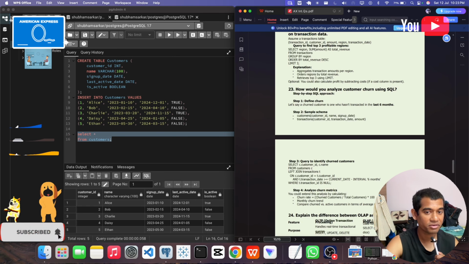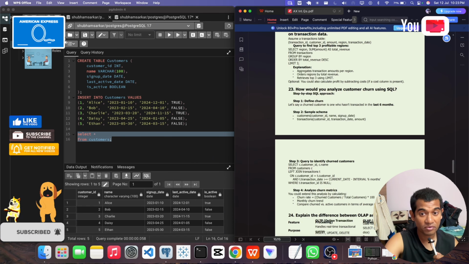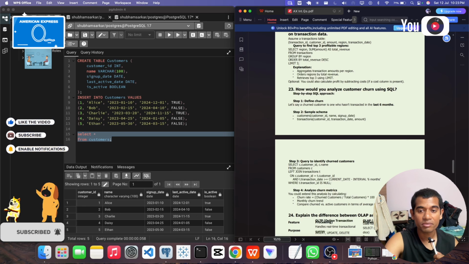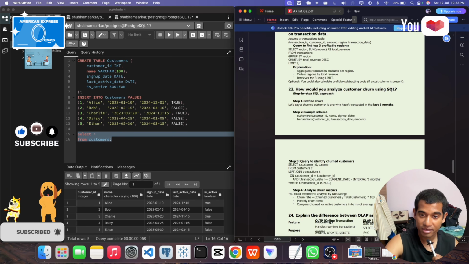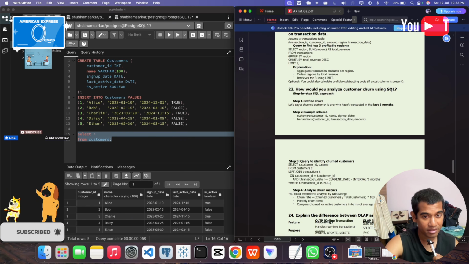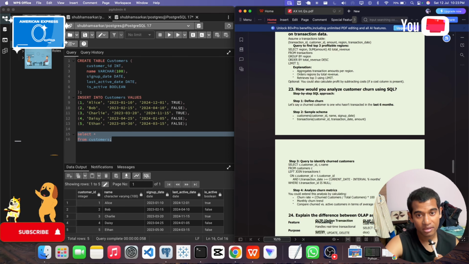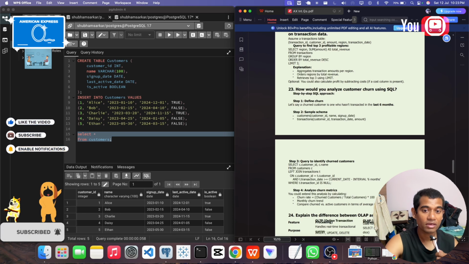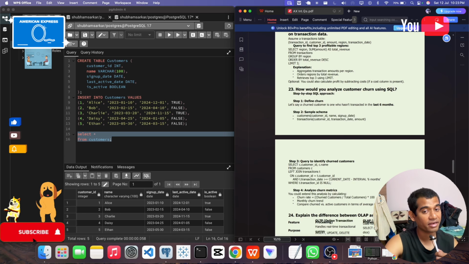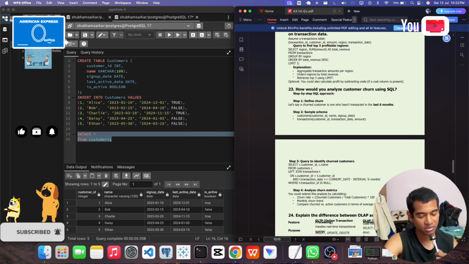Customer attrition means the number of customers who stop doing business with a company over a period of time. For example, 100 people had a Netflix subscription last month, and this month 10 have cancelled their subscription. Then the attrition rate is 10%. Simple. Now let's create a mini dataset and analyze the customer attrition using SQL.